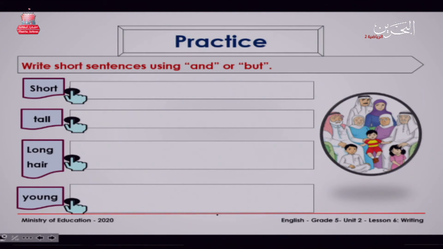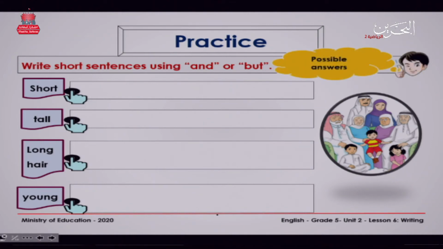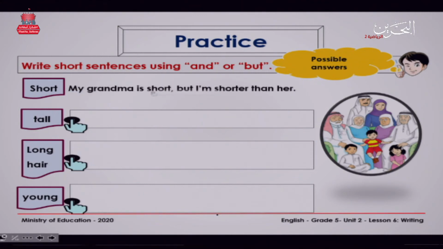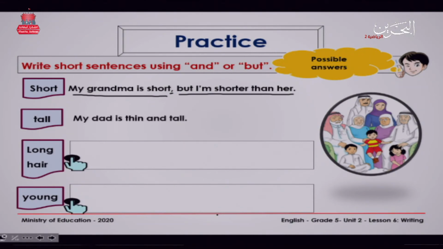Now let's check your answers. These are some possible answers. My grandma is short, but I'm shorter than her. My dad is thin and tall.